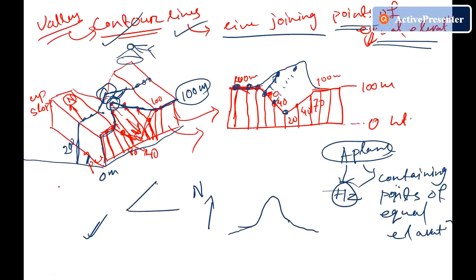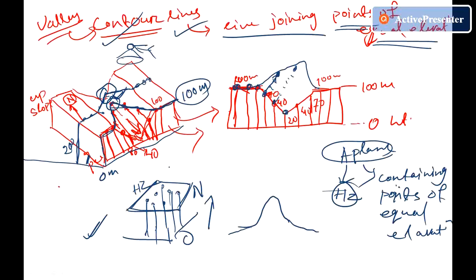Suppose this is a plane and I am saying that all the points are of equal height, suppose 100 meter, 100 meter, this is 0, so all are having 100 meter height, right? Then this plane is horizontal.